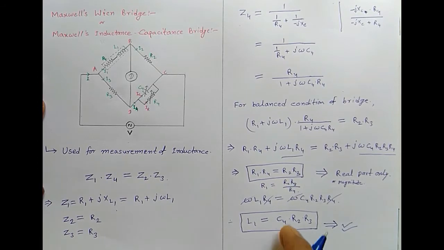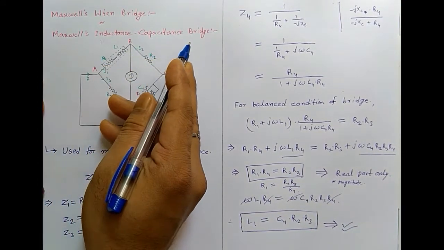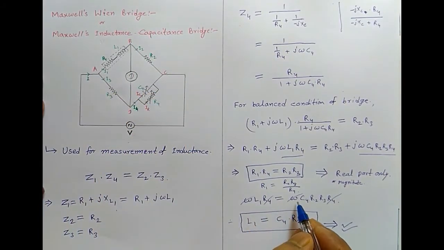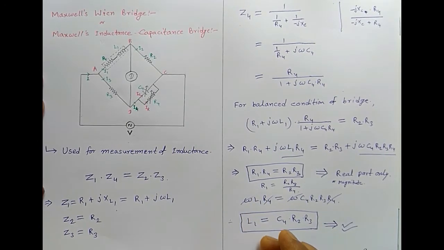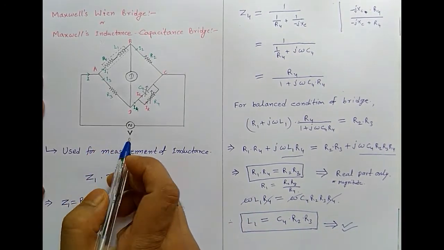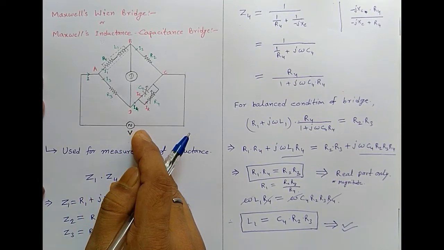Since in these equations, that means in Maxwell's inductance capacitance bridge, omega is cancelled out, the unknown parameters L1 and R1 do not depend on the supply frequency of the bridge.